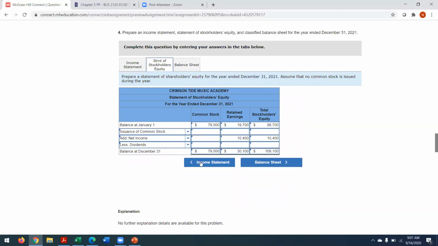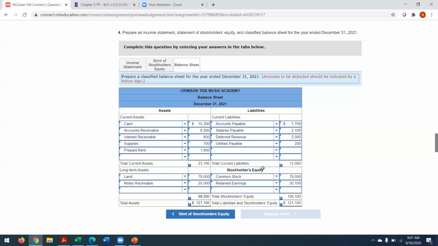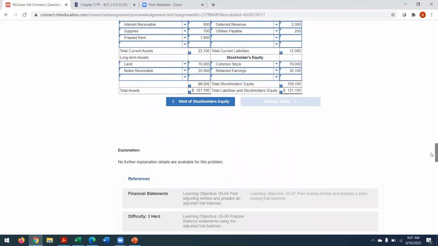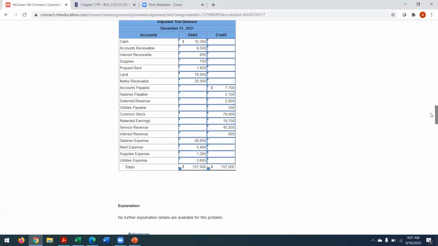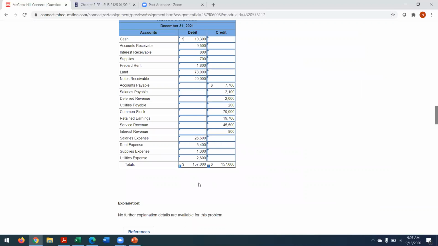Common stock, 79,000, retained earnings, 30,100. And so all of the balance sheet comes from your adjusted trial balance along with your statement of stockholders' equity. That is where we're at now.